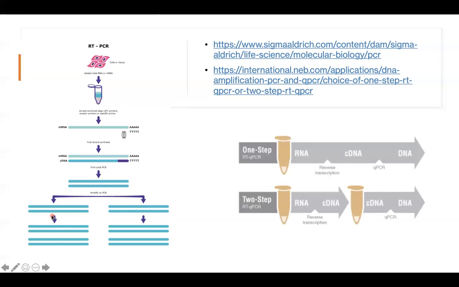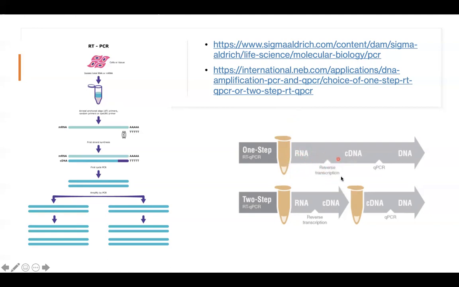So, ngayon, nag-evolve na yung technology. We have one-step RT-PCR, RT-qPCR, and another one, we have two-step RT-qPCR. So anong difference? For one step, after we isolate RNA, we could put the RNA dun na sa tube. And then sa tube, magkakaroon tayo ng reverse transcription.